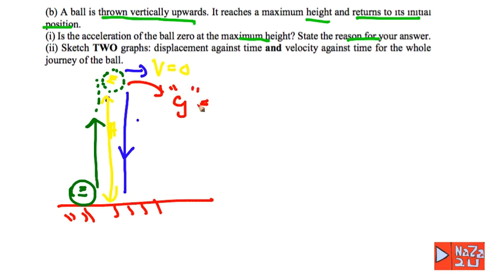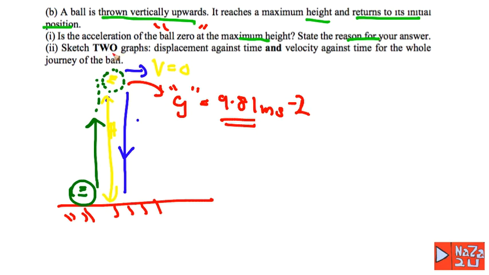So the gravitational acceleration is 9.81 meters per second squared, meaning the acceleration of the ball at the maximum height is not equal to 0, but the acceleration at the maximum here is g, 9.81 meters per second squared, right?